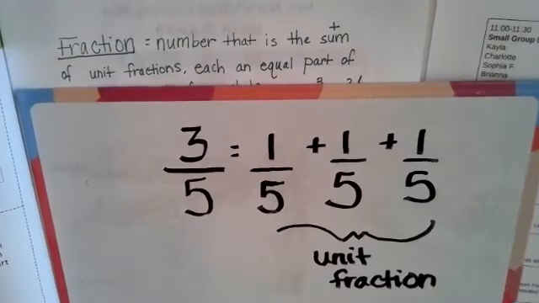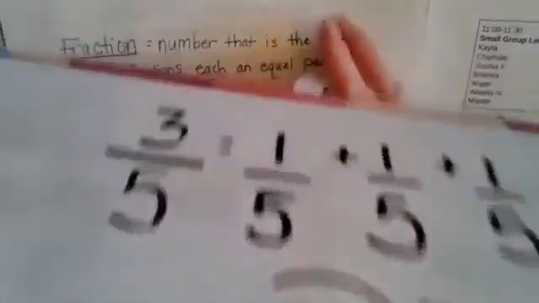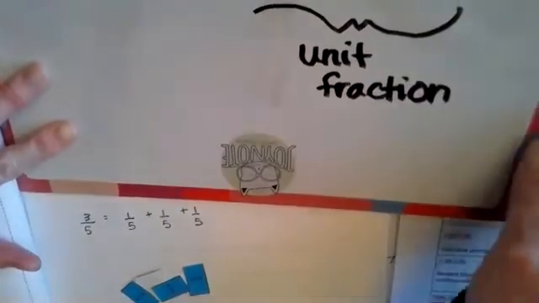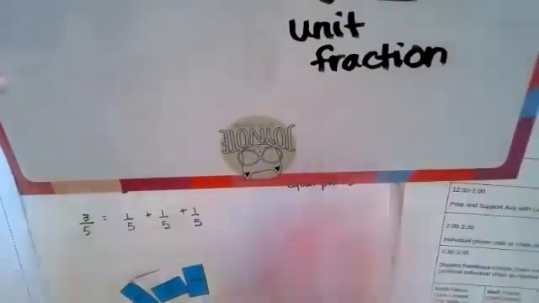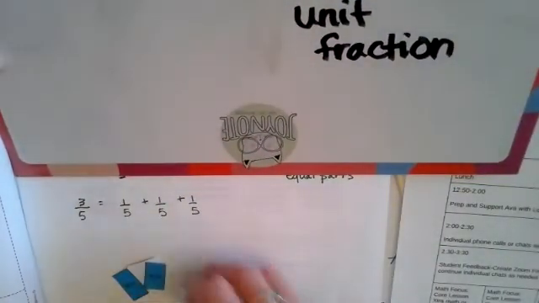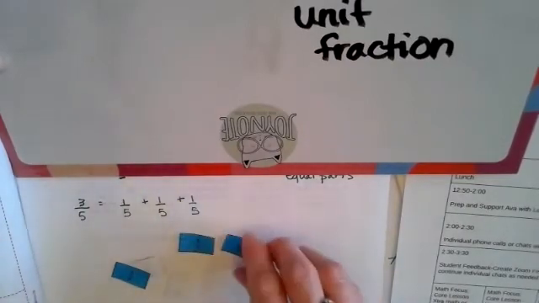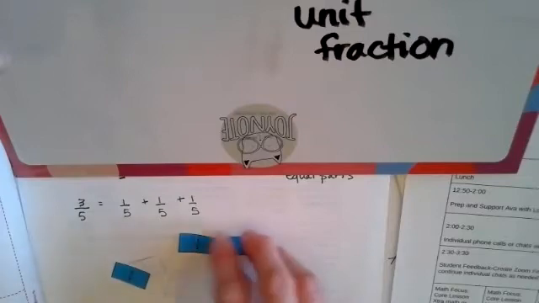If we look at that using our manipulatives with some of our fraction bars here, we could represent that as, here is my bar of fifths. I know that I have 5 equal parts in my whole.